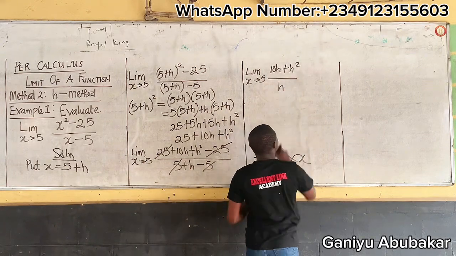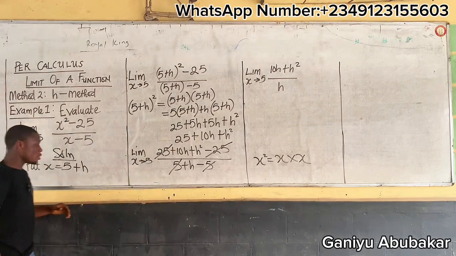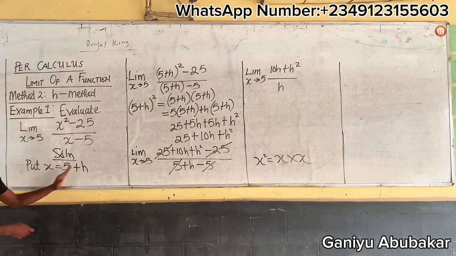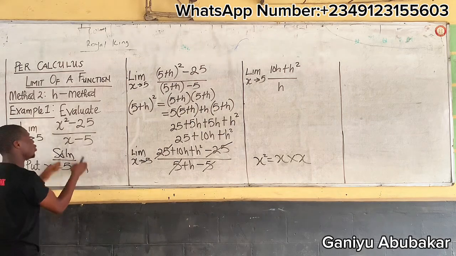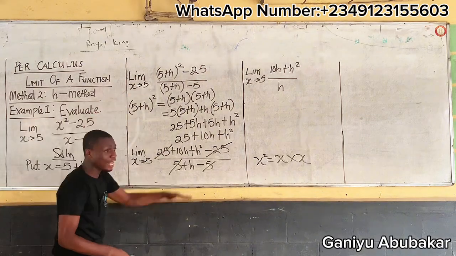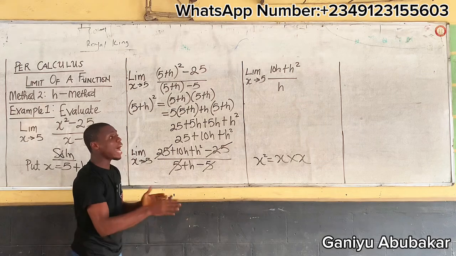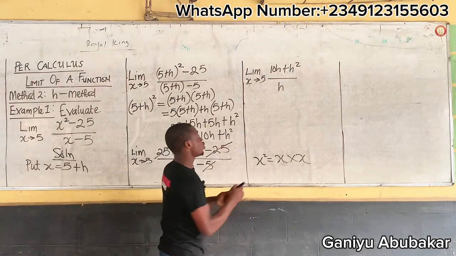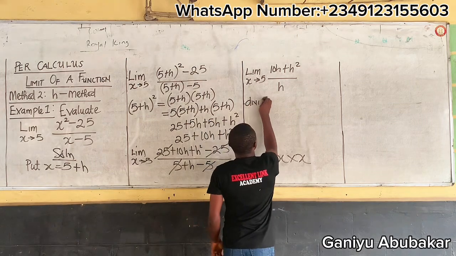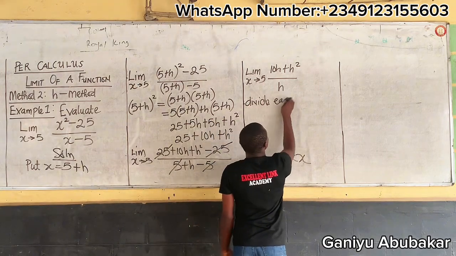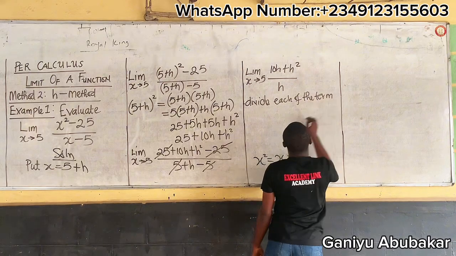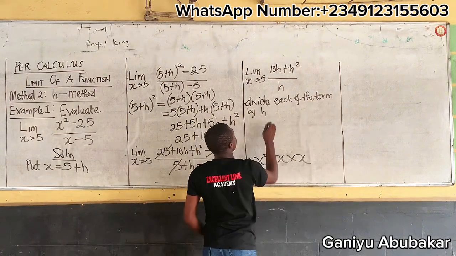So here's the thing, your first rule is that put x, add the given variable of x, add h to it. Next up, put that value into this question and simplify as much as possible. After simplifying, your next task is to divide each of the terms by h. So at this point here, divide each of the terms by h.